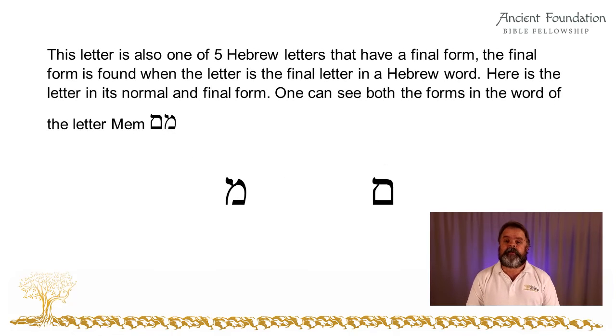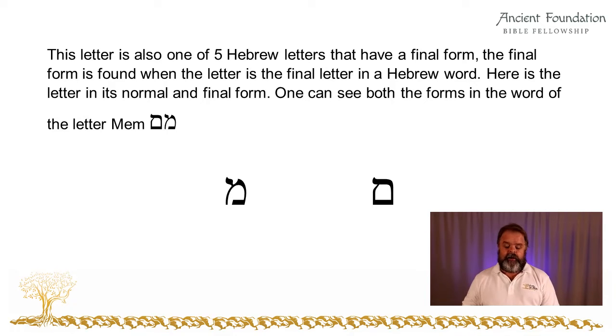This letter is one of 5 Hebrew letters that have a final form. The final form is found when the letter is the final letter of a Hebrew word. Here is the letter in its normal and final form.